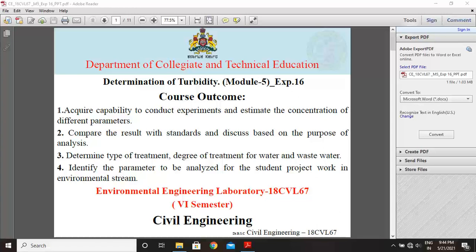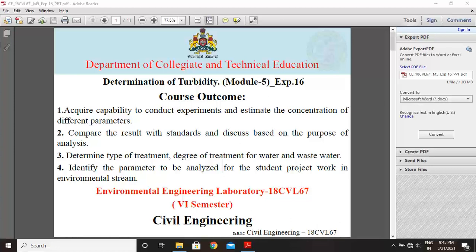Second is to compare the result with standards and discuss based on the purpose of analysis. Determine type of treatment and degree of treatment for water and wastewater. Next course outcome is to identify the parameter to be analyzed for the student project work in environmental stream.